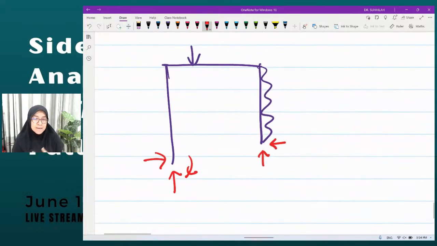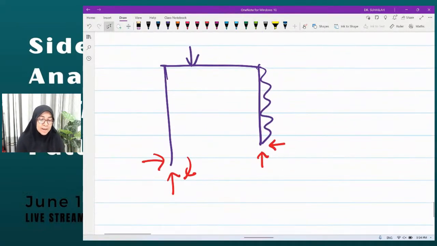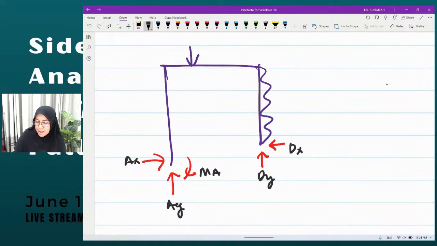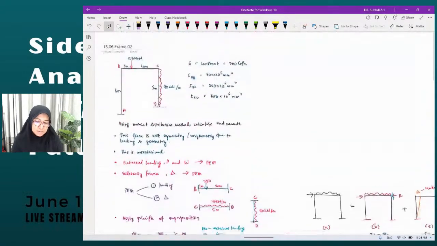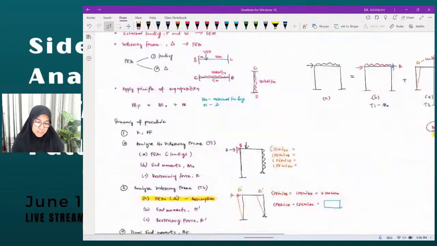Then we label MA, AY, AX, DY, DX. What about loading? 250 and 40.